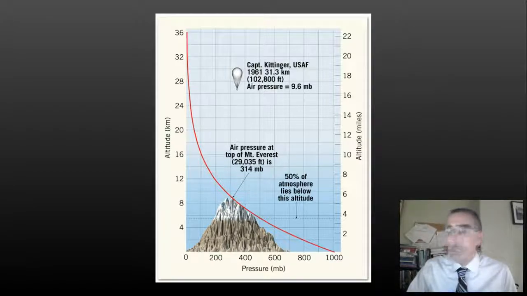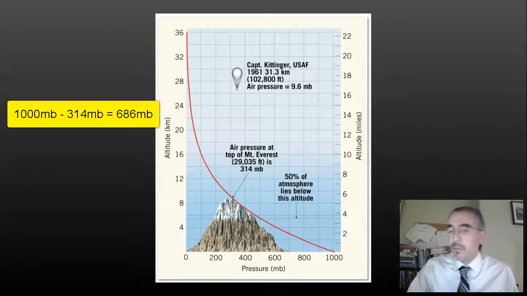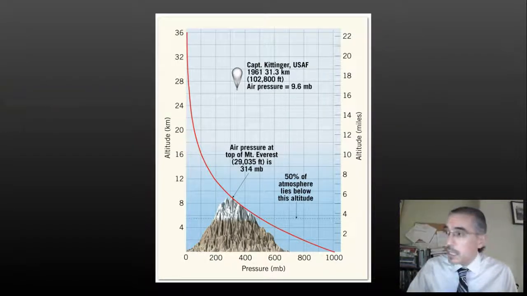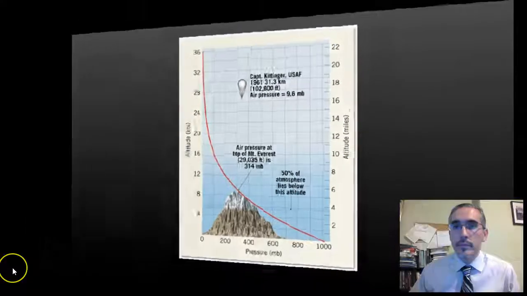By the time you reach the top of Mount Everest, at an altitude of about 9 kilometers, the air pressure has dropped from 1,000 millibars to 314 millibars. So if we subtract 314 millibars from 1,000 millibars, we can say that the air pressure has dropped by 686 millibars between the surface and 9 kilometers of altitude.